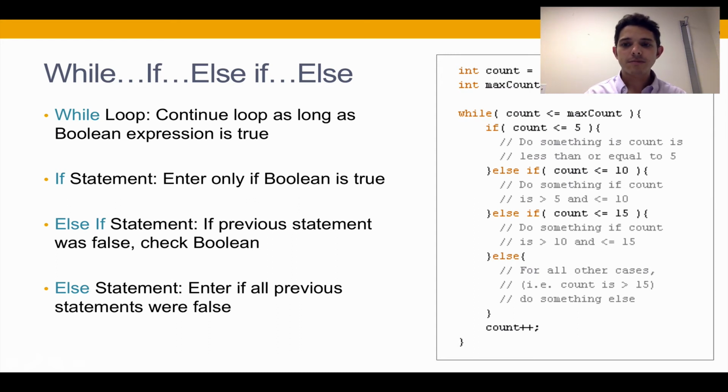Note, it may be possible that nothing is true inside these conditional statements. It also may be the case that you don't want to execute anything if any of the ifs or else ifs are true. So you don't necessarily need an else or an else if. This is just an example that shows all the different ifs, else ifs, and elses.